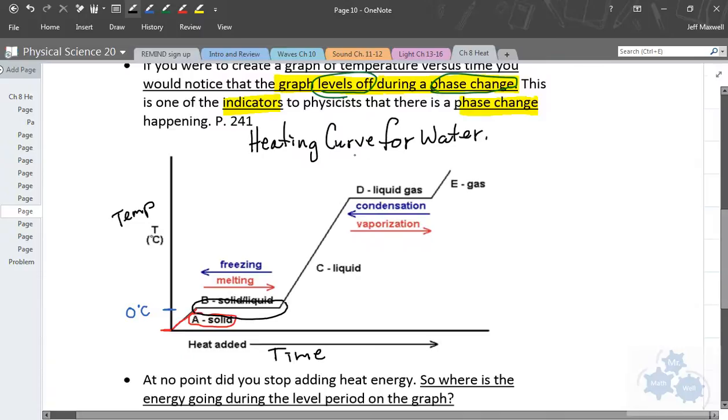And I'm going to explain to you why that is in a second. But as we move through this heating curve, you see that this part of the graph right here is the heating of the liquid. I don't want to make this graph too busy, but here is the heating of the liquid. Okay, the temperature is rising. We're applying heat over time. The temperature is rising.